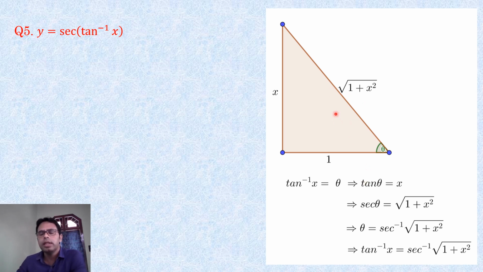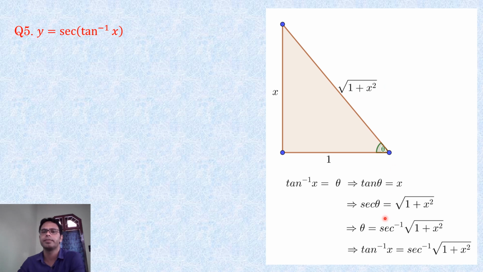So in that case what will be sec theta? Sec theta is the inverse of cos, and cos theta is base by hypotenuse, you know that one, that is cos theta will be equal to 1 by root over 1 plus x square. So sec theta will be root over 1 plus x square by 1, that is simply root over 1 plus x square.